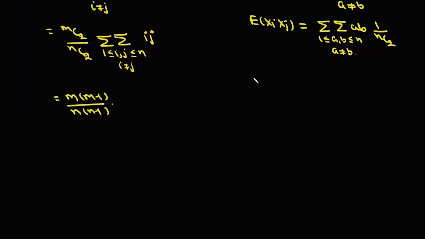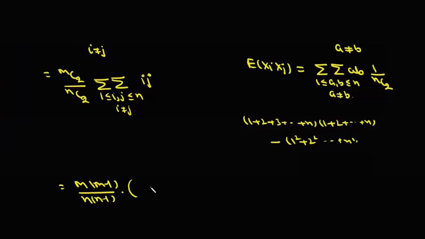except when they're equal. So if we look at this product, 1 plus 2 plus 3 up to n into 1 plus 2 plus 3 up to n, from this we have removed all those numbers where a number is multiplied by itself. So we can actually write this as the summation ij, where i and j lie between 1 and n, minus the summation i square.